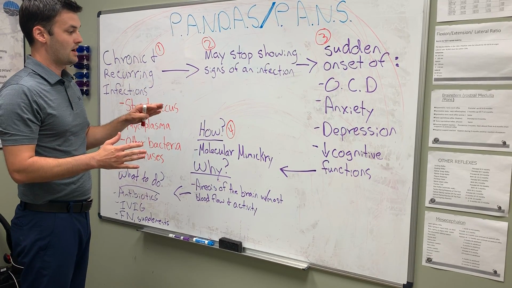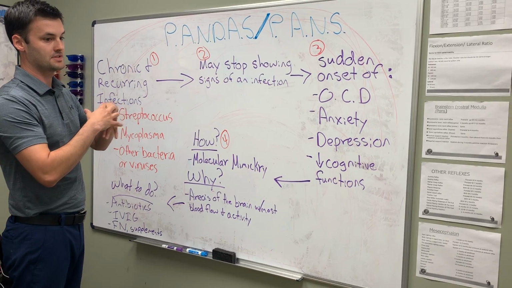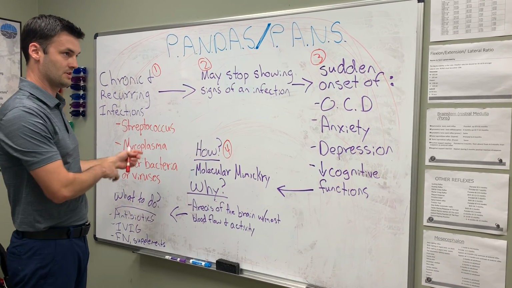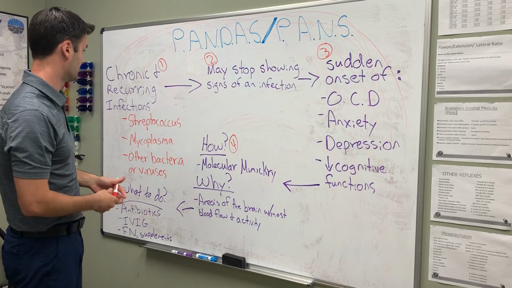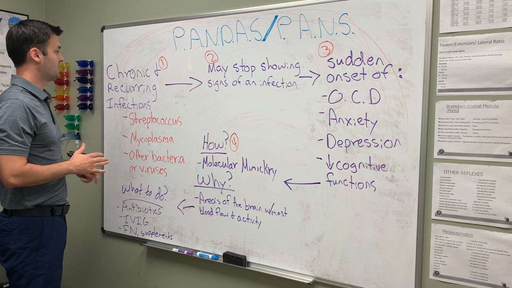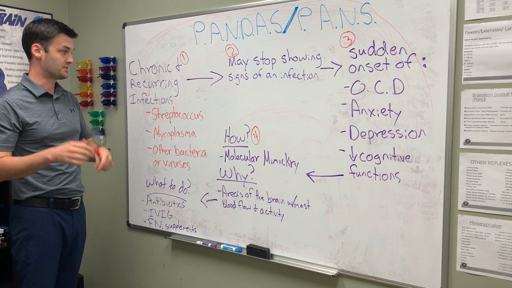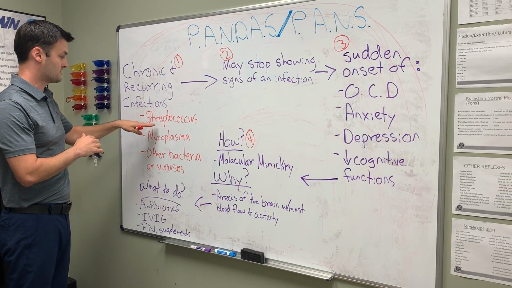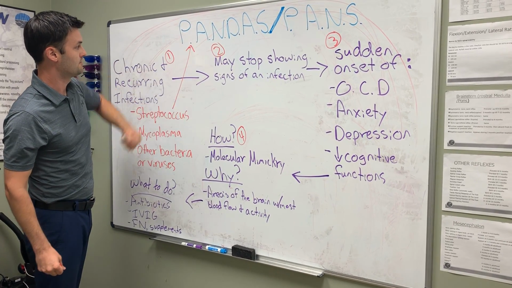But I wanted to talk about how it develops, why it develops, what happens, what the treatment options are, and what happens if it doesn't get taken care of. Miss Amanda here brought up that good question. So it starts with a child that has chronic and recurring infections. It can be streptococcus, and if it is streptococcus, then it is called PANDAS.